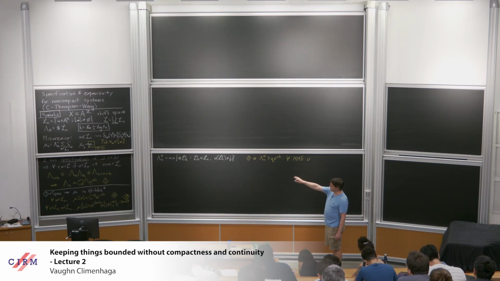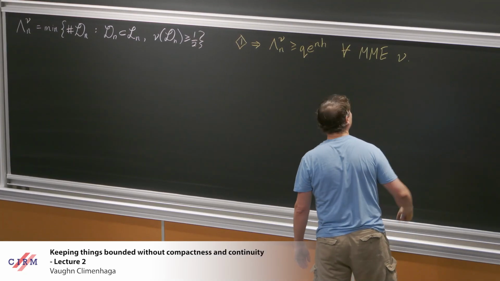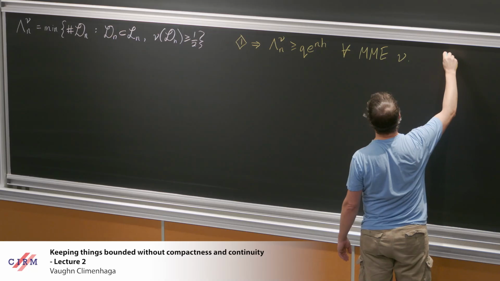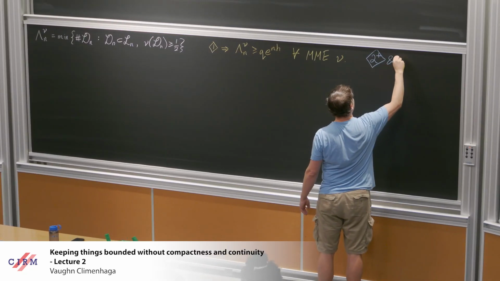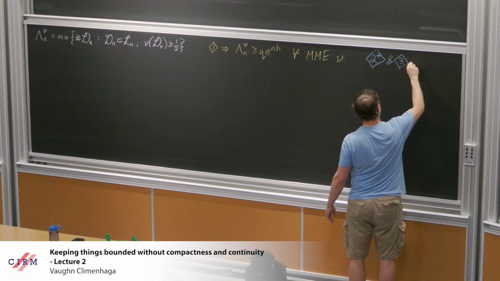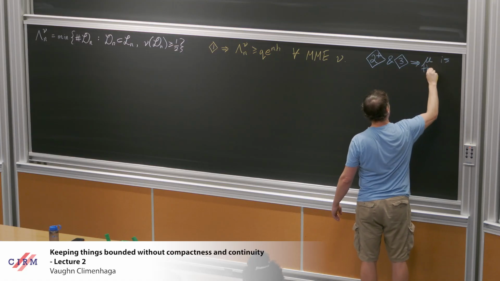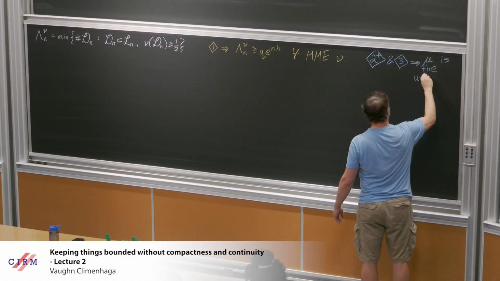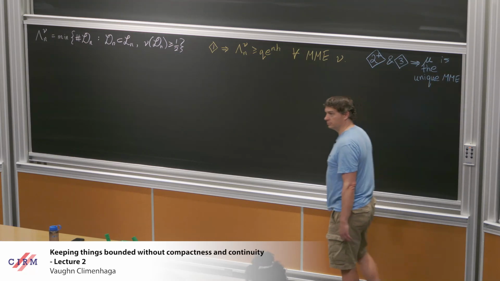That I think is probably the least obvious argument of any of the ones that I've mentioned so far. It takes a little work. And then another not immediately obvious argument is that if you put properties 2 plus and 3 together, then you can conclude that the Misiurewicz measure mu that you built is the unique MME.